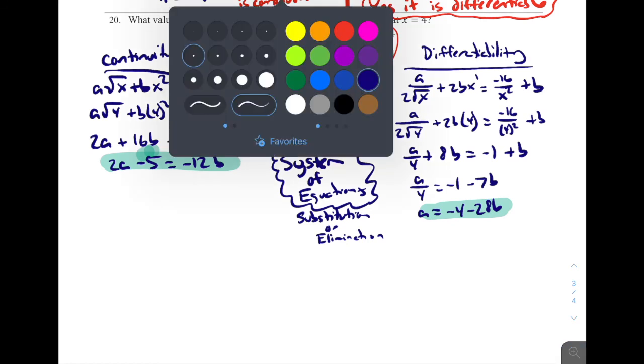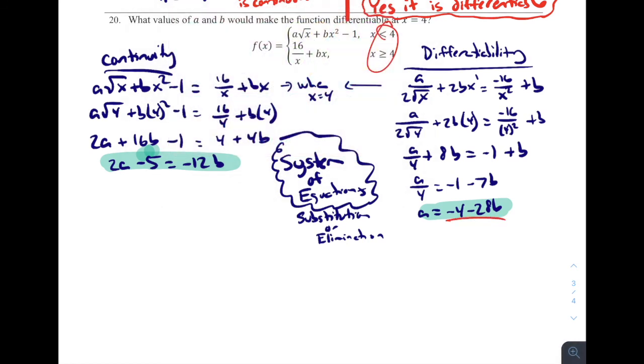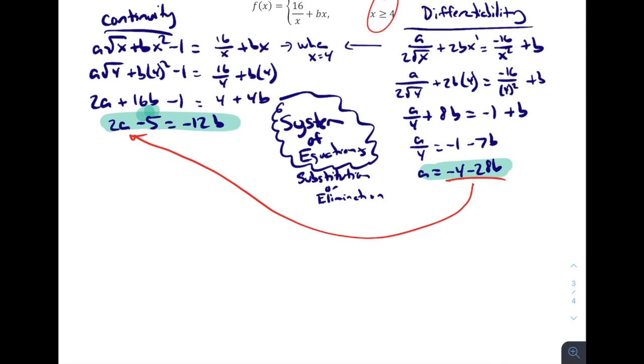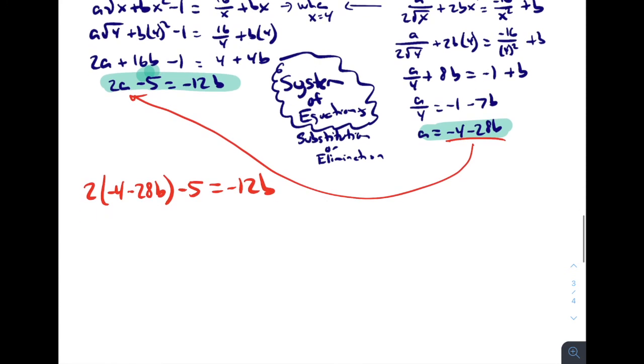So this whole negative 4 minus 28b is going to go in for a in that other equation. And if I do that, I get 2 times negative 4 minus 28b minus 5 is equal to negative 12b. So again, that whole negative 4 minus 28b became the a in this equation. By substituting that in, now I have just b's, which is going to allow me to solve for that b value, and then hopefully get to an a value after that.